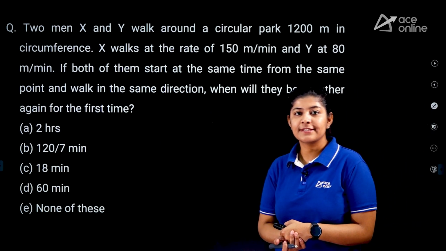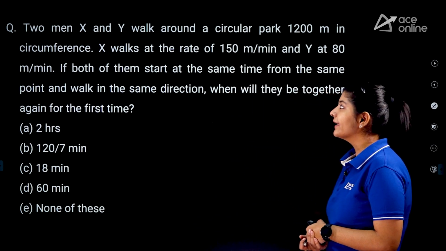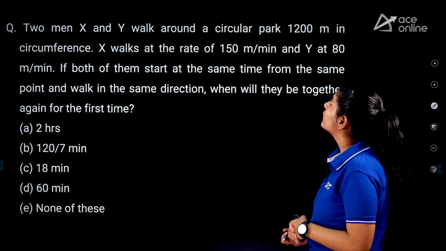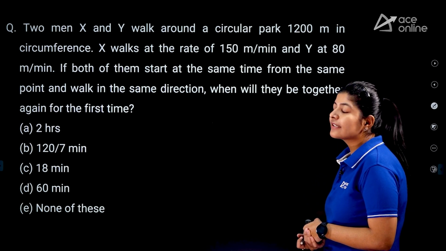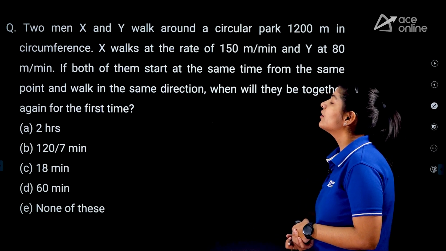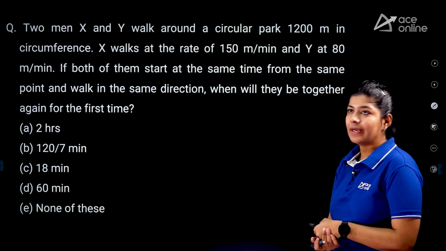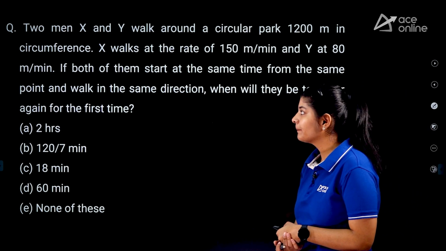So the next question says that 2 men, X and Y, walk around a circular park 1200 meters in circumference. X walks at the rate of 150 meters per minute and Y at 80 meters per minute.